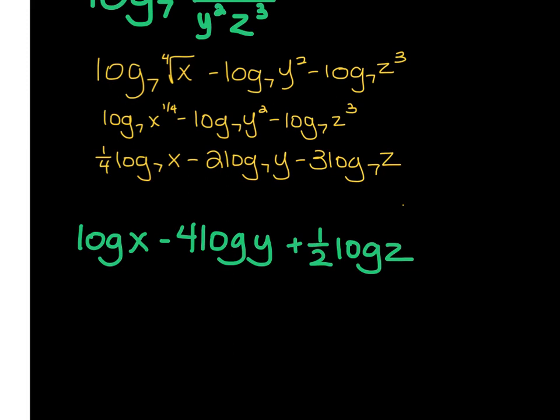So the last thing that we do when expanding is bump the exponent, which means we reverse it if we're condensing. It's the first thing that we do. So on that second example, the 4 becomes the exponent on the y. The 1/2 becomes the exponent on the z.